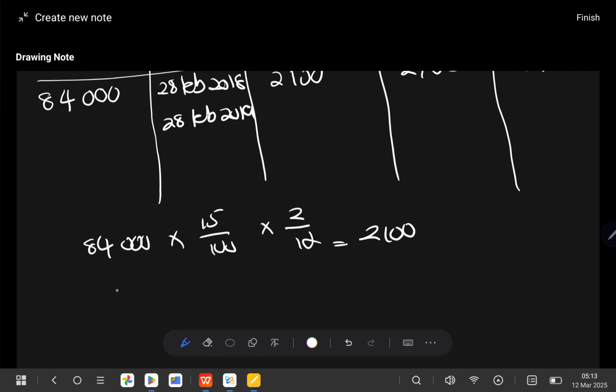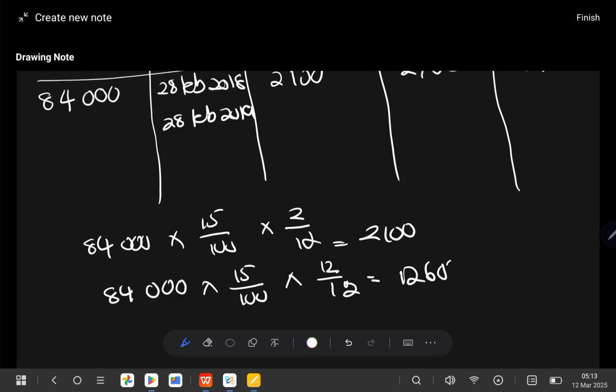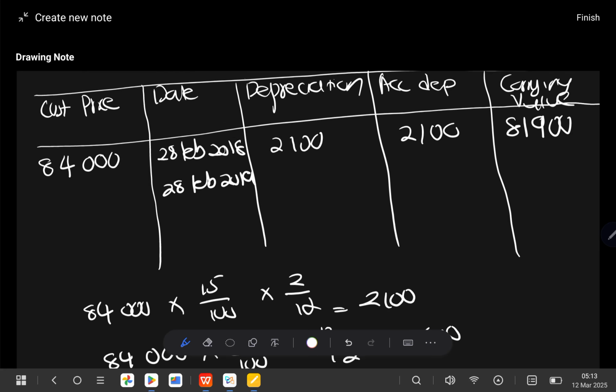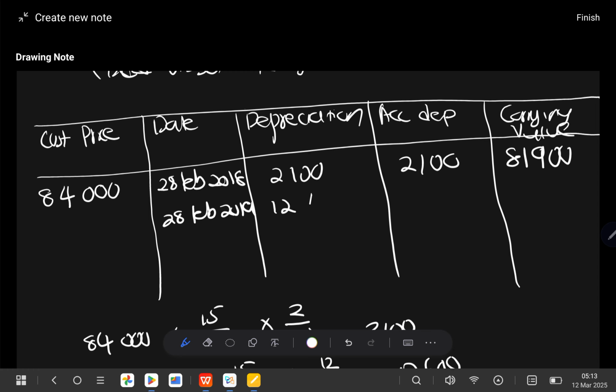So when we do the calculation, we're going to say 84,000 multiplied by 15 divided by 100, and then multiply by 12 over 12. It is giving us 12,600. So for the second year, depreciation for the year will be 12,600, and then 12,600 plus 2,100 is going to give us 14,700.